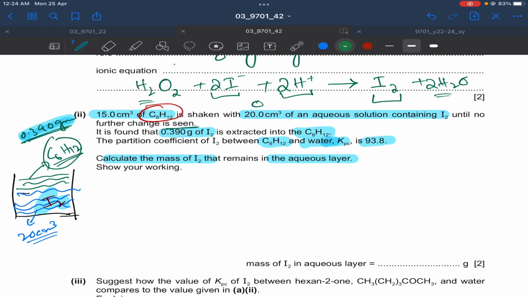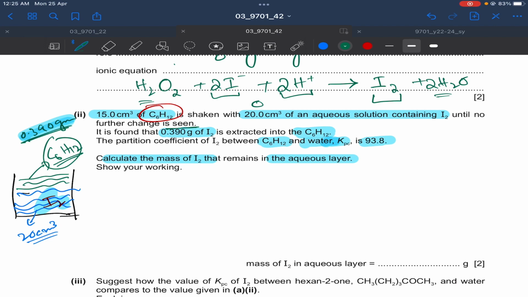The value of the partition coefficient is given, so let's first write the formula. The partition coefficient is basically the ratio of the concentration of a solute in two immiscible solvents at equilibrium.